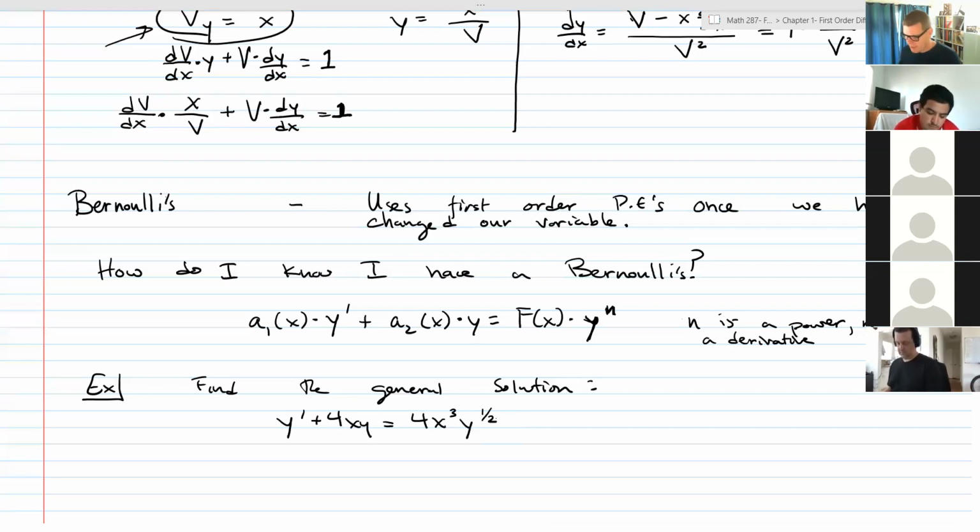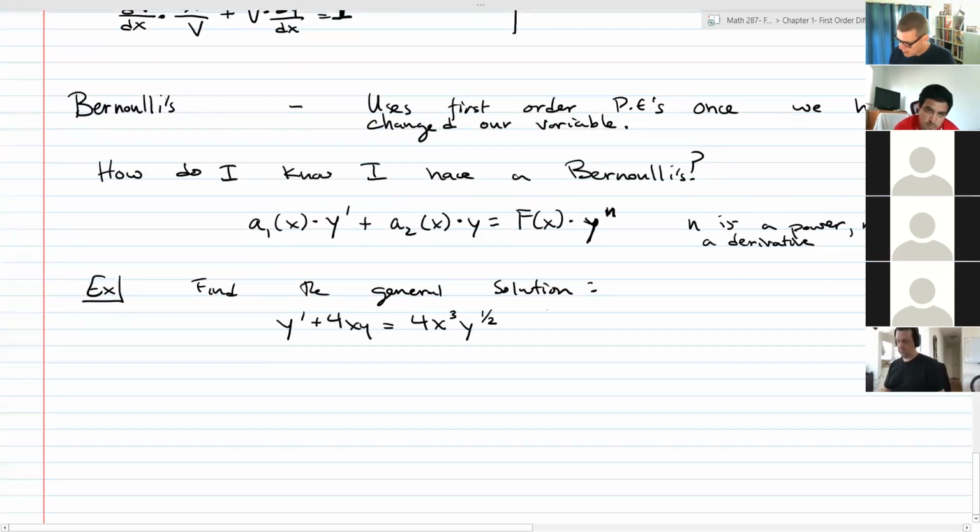Okay, first thing we want to do once we have this is divide through by the power. So we'll divide by y to the n. And in this case, that's y to the 1/2.